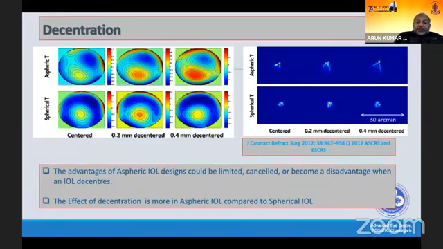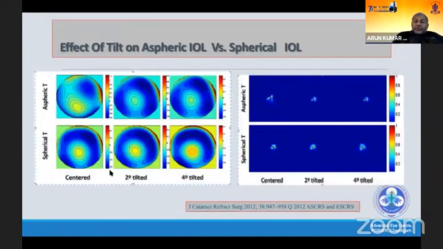And the effect of decentration is more in an aspheric IOL as compared to a spherical IOL. Similarly, if there is a tilt, that also induces coma, which is much more evident again in the aspheric lenses as compared to the spherical lenses.